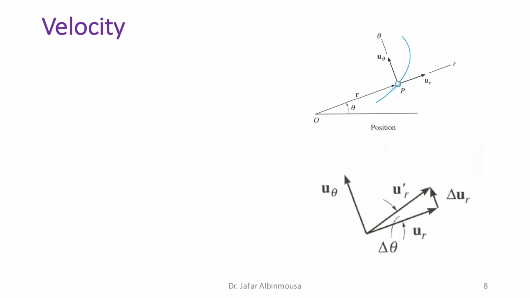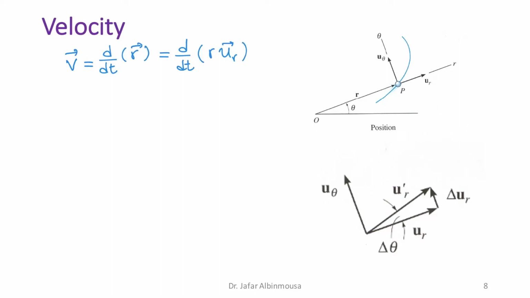Now, let's describe the instantaneous velocity using the polar coordinate. We start with the velocity vector v, which is equal to the time derivative of the position vector r. And because we know that the position vector is defined as the magnitude r multiplied by the unit vector ur. Now, here again, similar to the normal tangential system, the unit vectors rotate and they move with the particle.